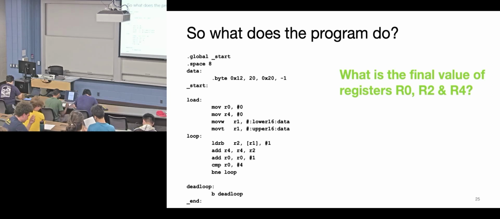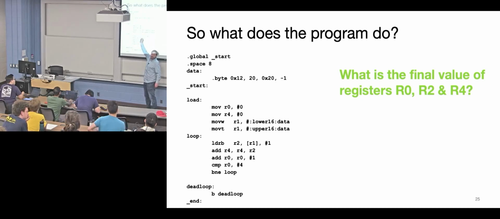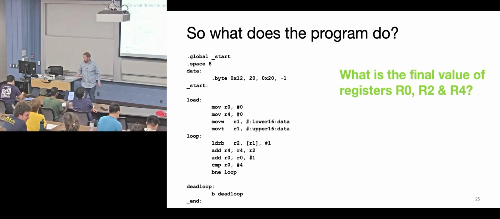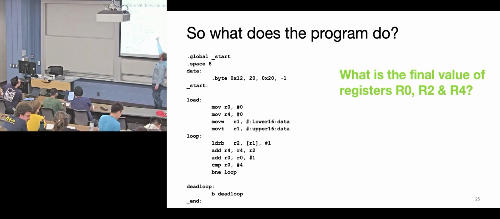One bit of confusion: data is an address. At the end of this, you have the address in R1. So data is an address, right?